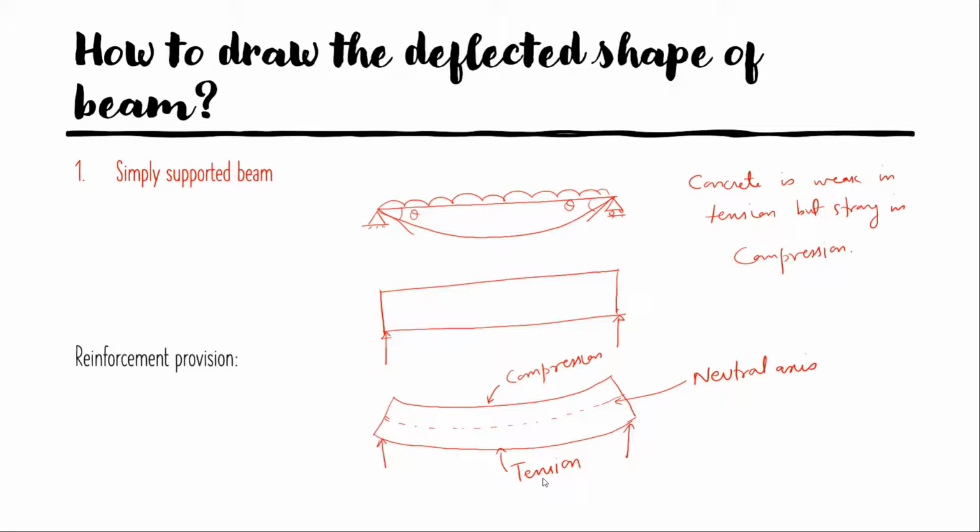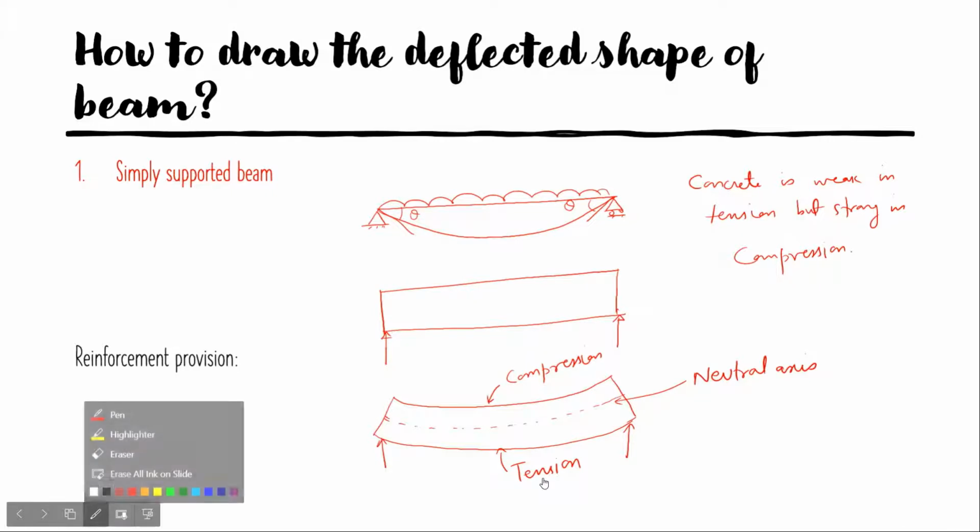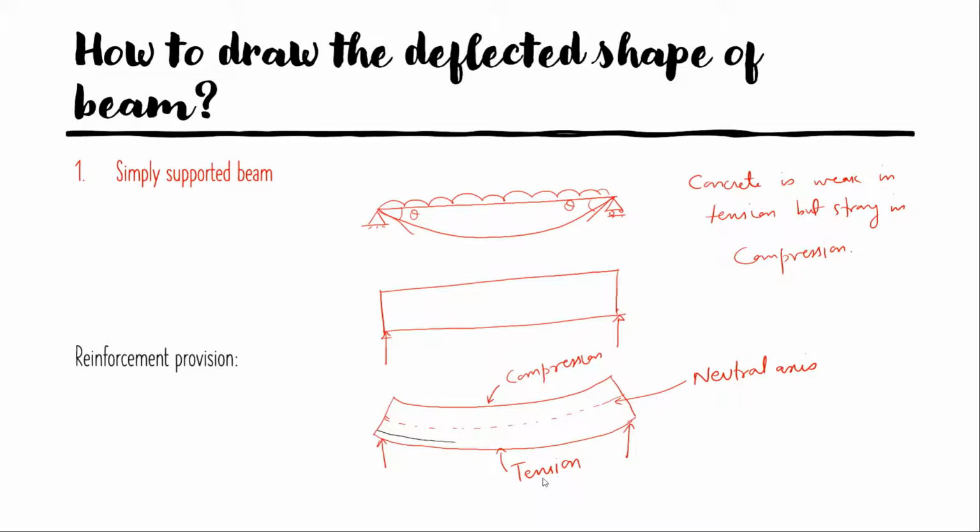So if tension is developed at the outer edge here, what we have to do is provide reinforcement bars here. To save those parts, we have to provide reinforcement bars at the tensile edge. So at this edge we are providing the tensile reinforcement bars.